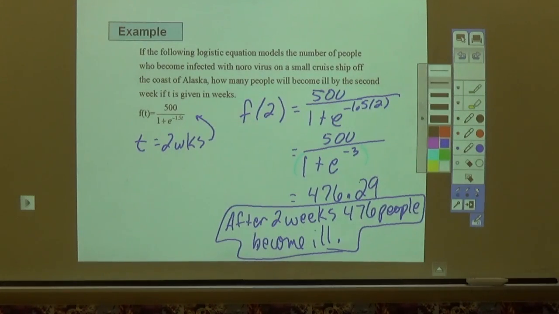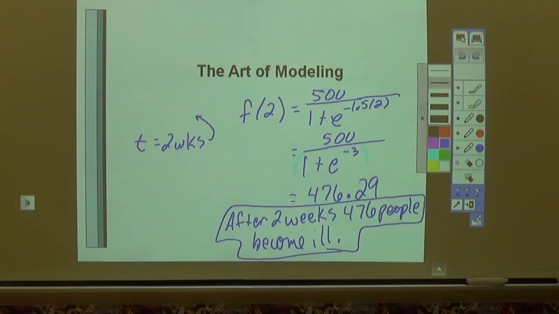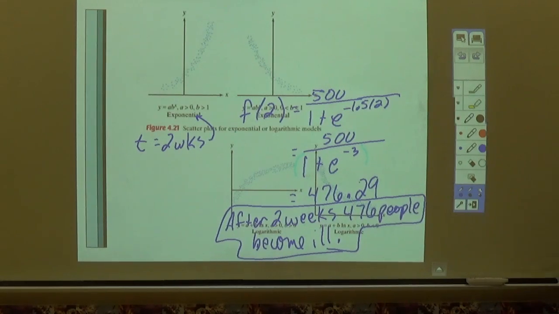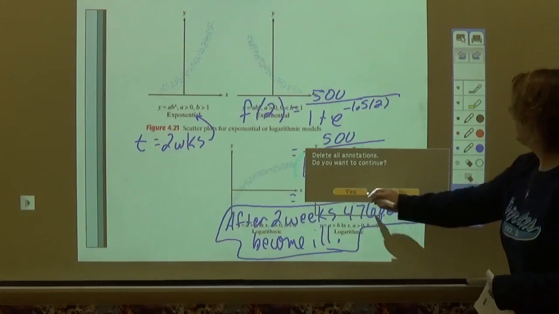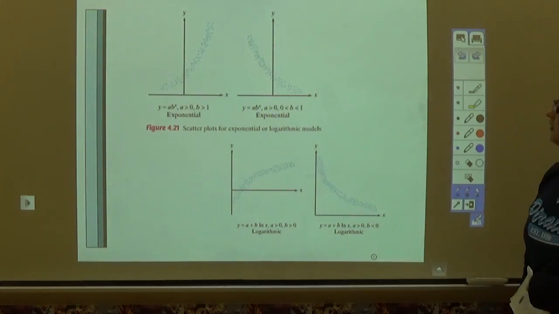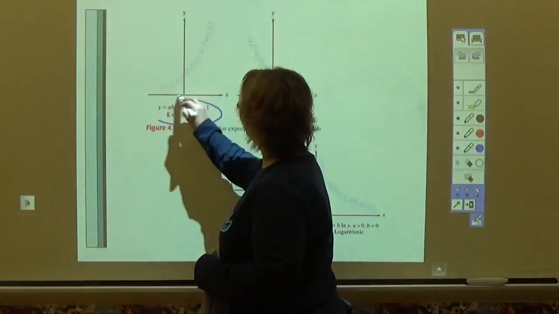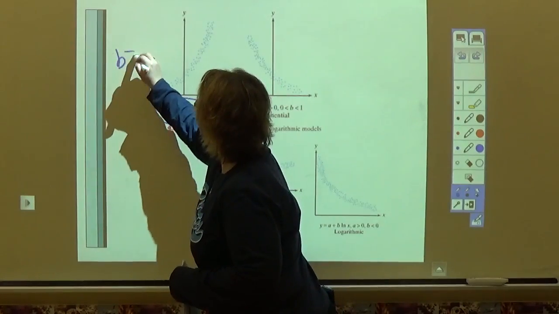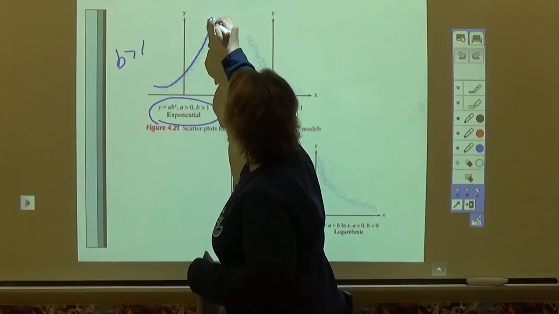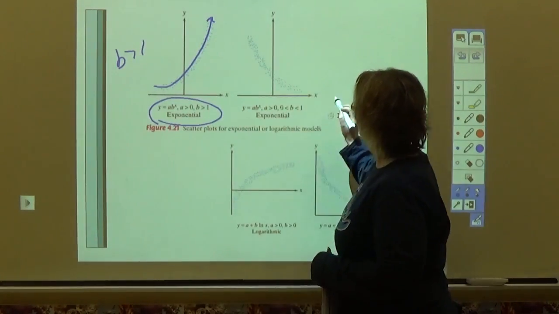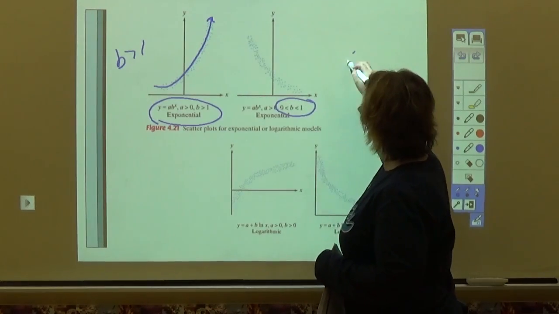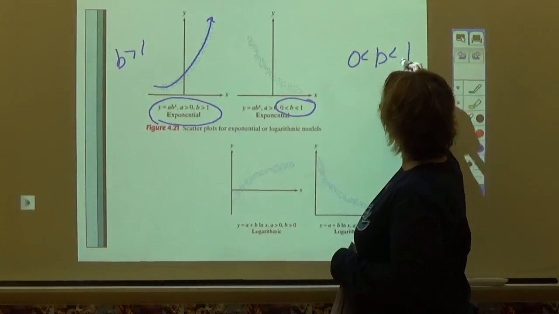So the rest of them that you have are a few more examples. The art of modeling. This gives you a diagram of the different curves. So here's your exponential. This is if b is greater than 1. You can see it's rising. Here's your exponential where 0 is less than b is less than 1.